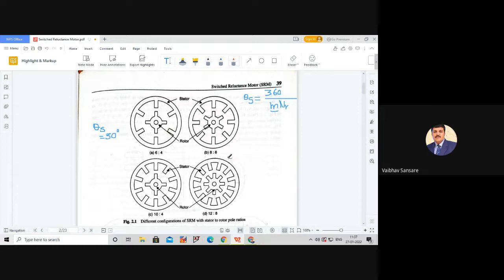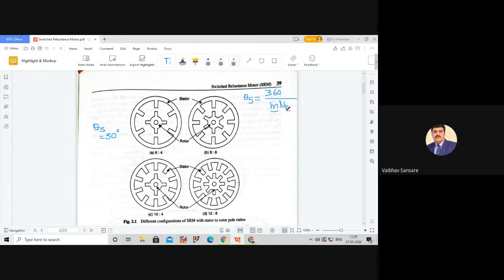When we talk about the 8 by 6 configuration, what will be the step angle? 8 stator poles means the number of stator phases is 4, and the number of rotor teeth is 6. So 4 multiplied by 6 is 24, the denominator term.